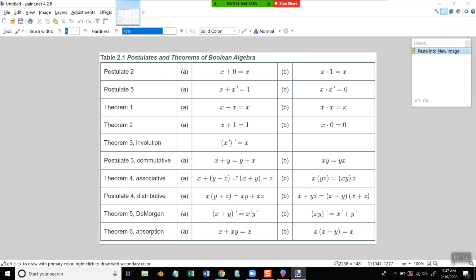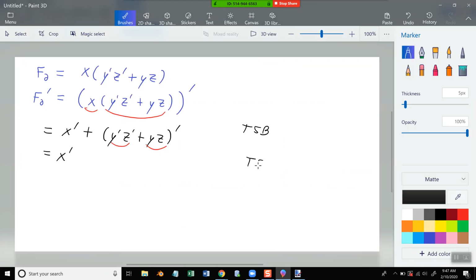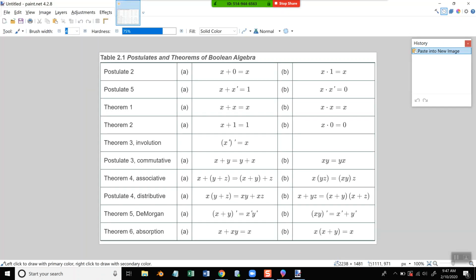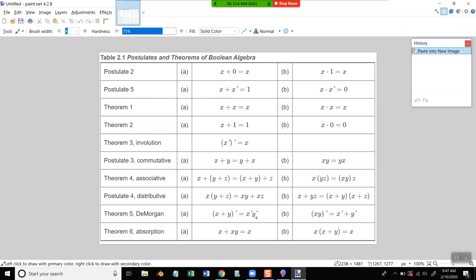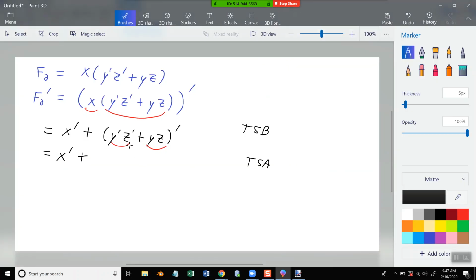Theorem 5a. So I'm going to rewrite this as, how am I going to rewrite it? Okay, two things added together. I'm going to rewrite them with multiplication and put a prime on each one. So this would be y prime z prime, prime, and yz prime.